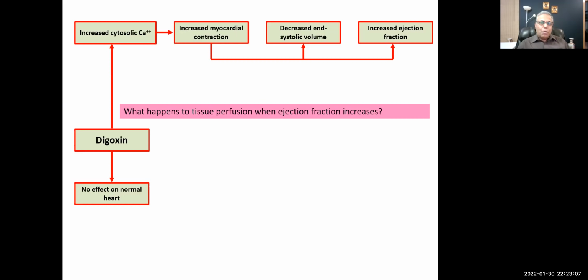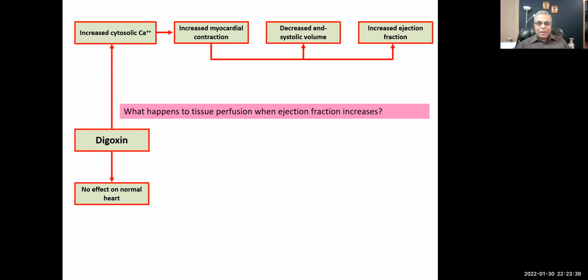So it's all right, but there are more questions coming. For example, what happens to tissue perfusion when ejection fraction increases? Will it increase or will it decrease? Okay, I got another answer, which is increased. Yes, that is correct. When the ejection fraction increases, that means the stroke volume increases.